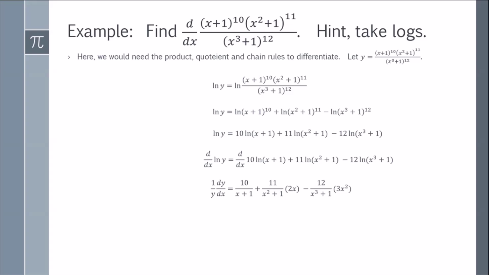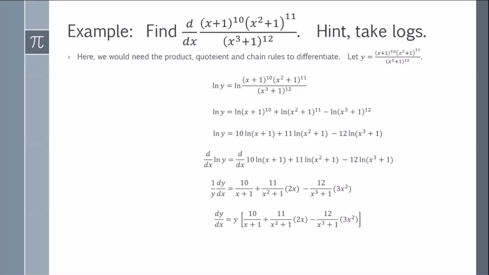which is 1 over x plus 1, plus 11 times the derivative of log of x squared plus 1, which is 1 over x squared plus 1 times the derivative of x squared plus 1, minus 12 times the derivative of log of x cubed plus 1, which is 1 over x cubed plus 1 times 3x squared.